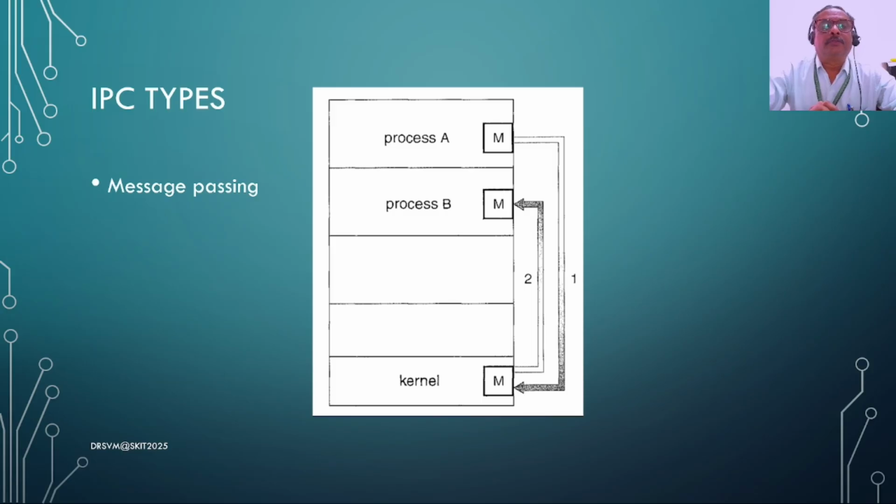Since the two processes cannot directly communicate with each other because they cannot share anything in common, they are isolated, but each process can communicate with the kernel.